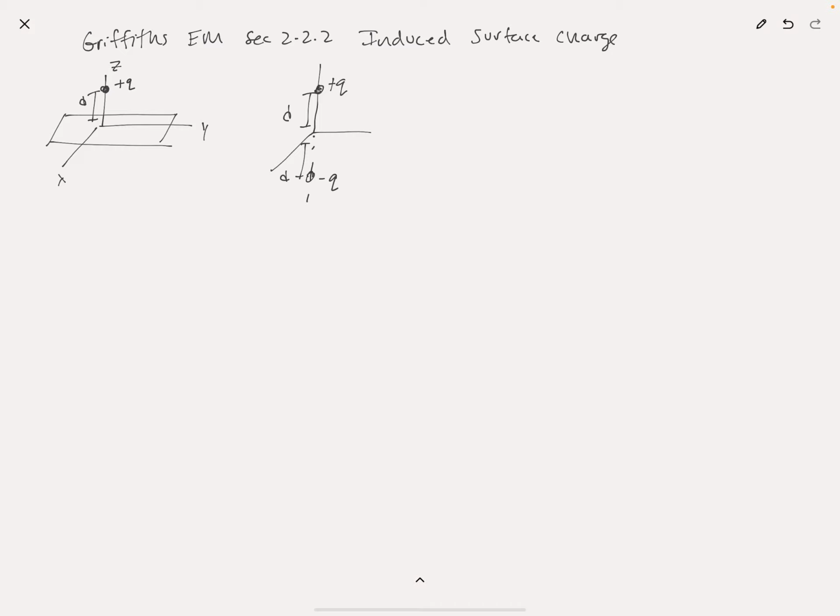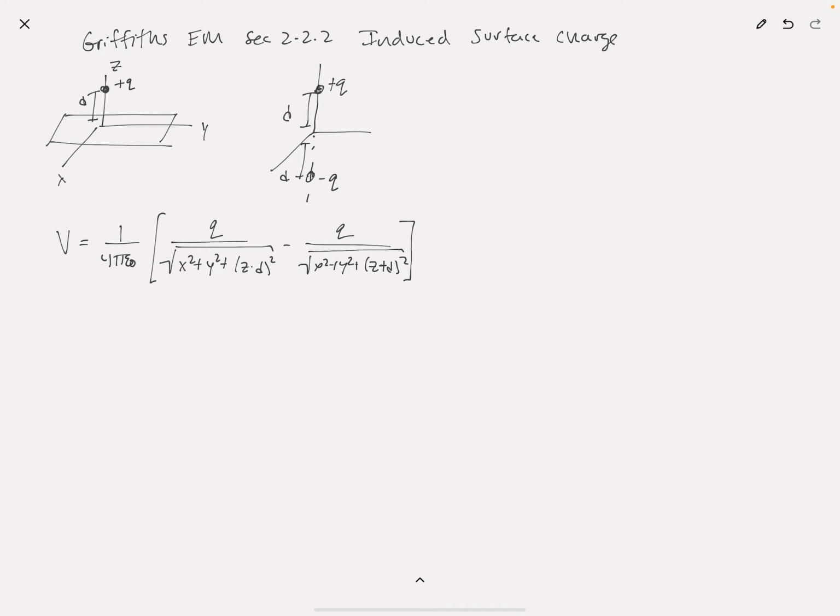And the potential was just the sum of the potentials from each of the individuals, which is 1 over 4 pi epsilon naught, q over square root of x squared plus y squared plus (z minus d) squared, minus q over square root of x squared plus y squared plus (z plus d) squared.